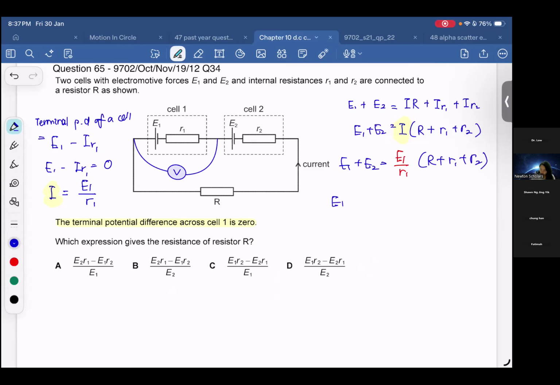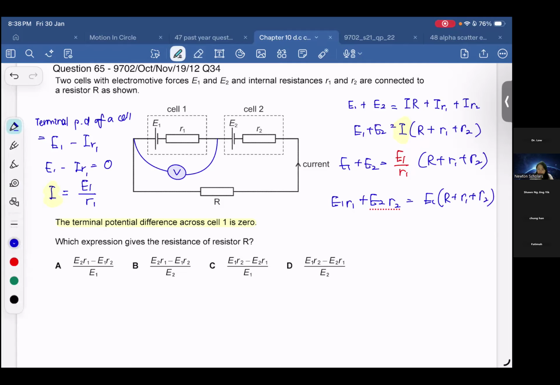So E1 R1 plus E2 R2 equals E1 times R plus R1 plus R2.